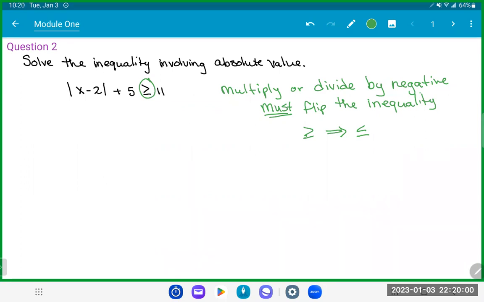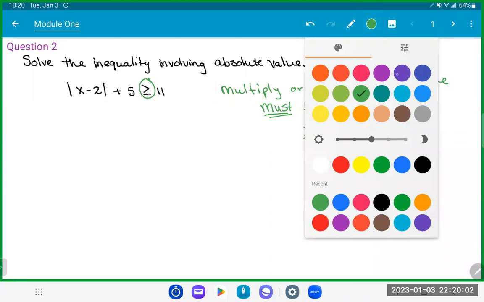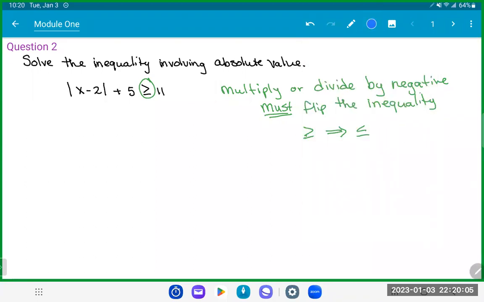Okay, so when we want to solve this inequality, because of this absolute value sign, the first thing we want to do is isolate our absolute value. In order to isolate that, we can subtract 5 from both sides.